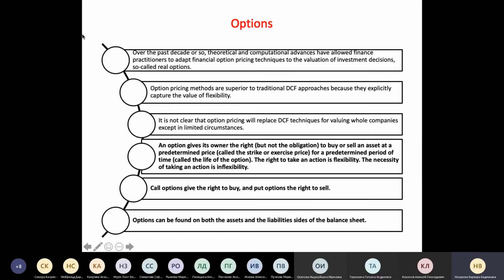In other words, the opportunities of our company not only to react to external conditions, but to reform the strategy, to reform the parameters of the investment project based on external conditions.